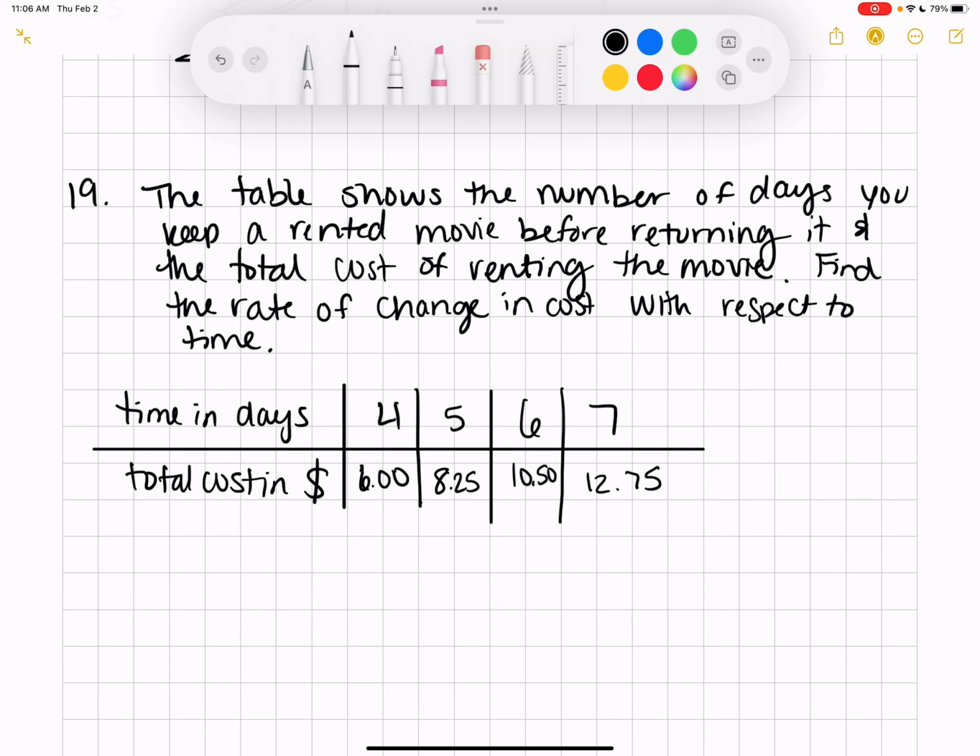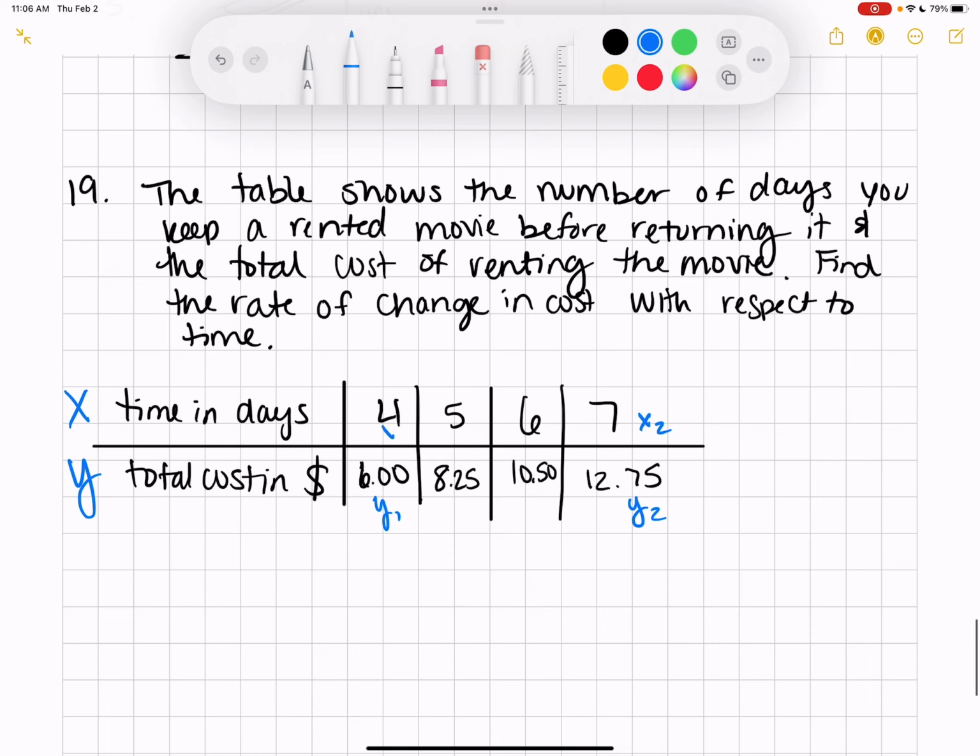All right, so it says find the rate of change in cost with respect to time. So that basically means cost divided by time. So this is X and this is Y. And so what we do is we kind of just ignore these times in the middle, okay? And so this is going to be Y2 and Y1, X2 and X1, and I'm going to set it up just like slope.